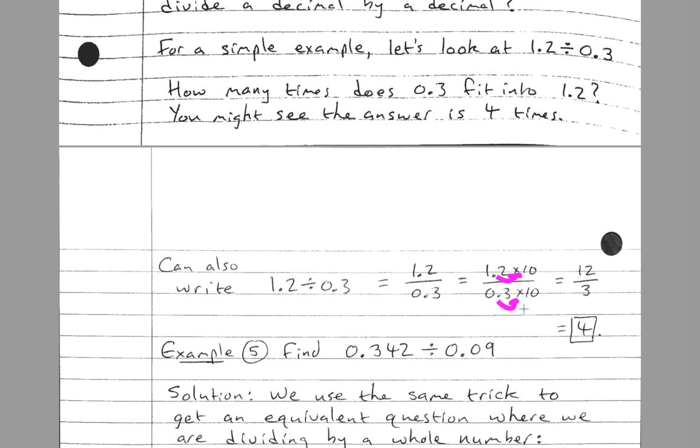Okay, but the key thing is, if you're dividing by a decimal, just do this trick to change the bottom number into a whole number. So here we just have to move the decimal point one place to the right. So we just needed 10.